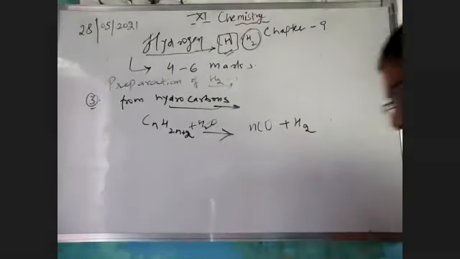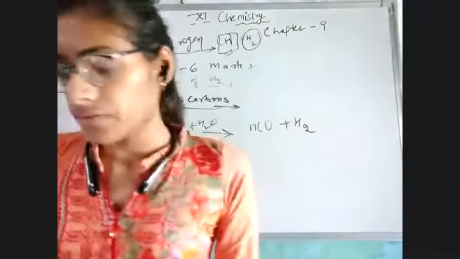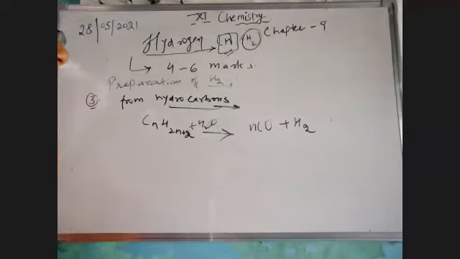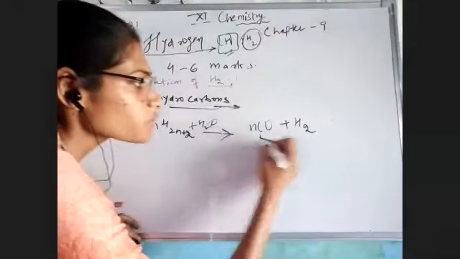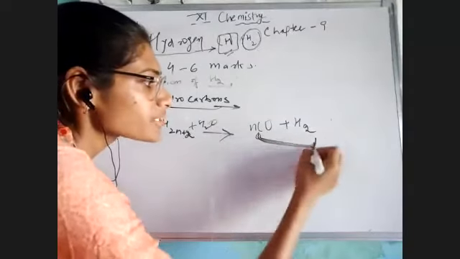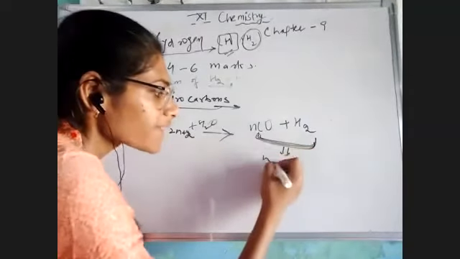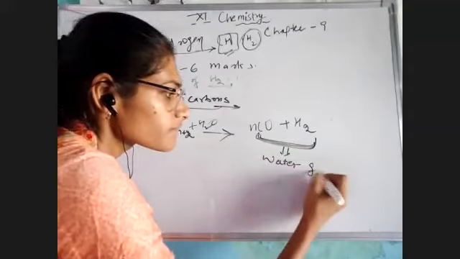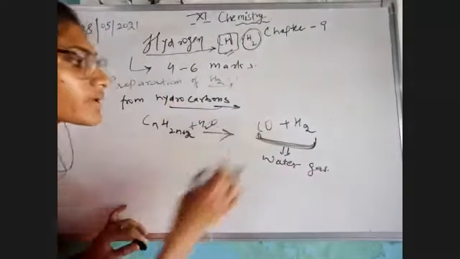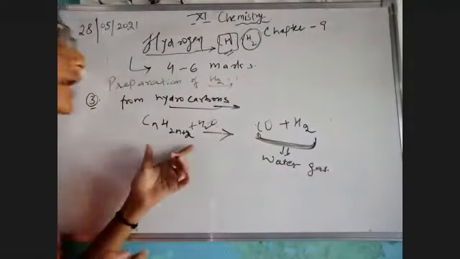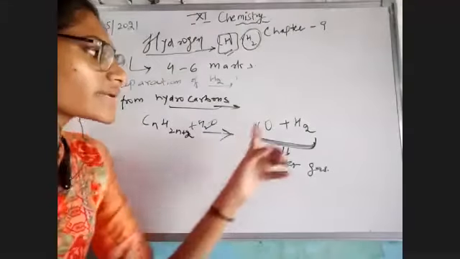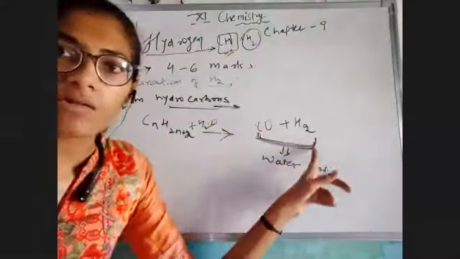Now, another point is this particular mixture, CO plus H2, is known as water gas. Please keep in your mind that whenever we react our hydrocarbon with water, it would make carbon monoxide plus hydrogen.